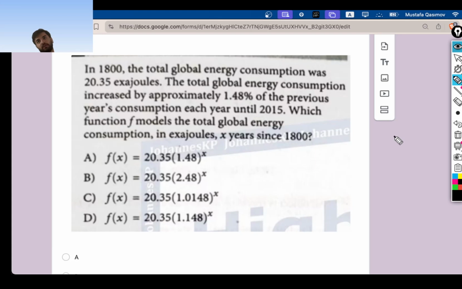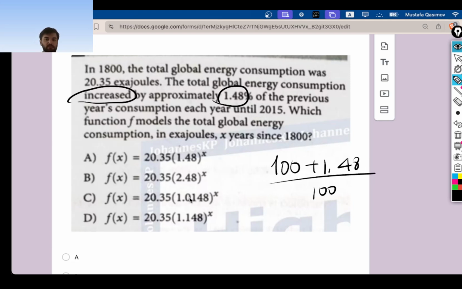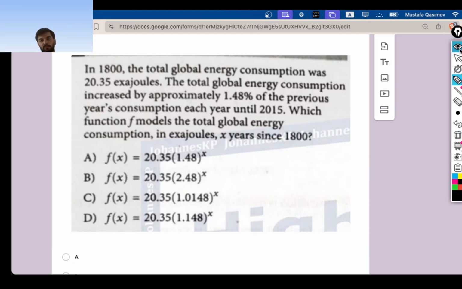B, C, Zeynep? Zeynep, look at this part. Increase it by 1. I think it's C. Okay, because he increased it by 100 plus that one over 100. Then write that one in decimals, you will get C. You say B, right? B is correct if we say 148% more. But we have a dot or point here. That's one. Now this is 1.48.